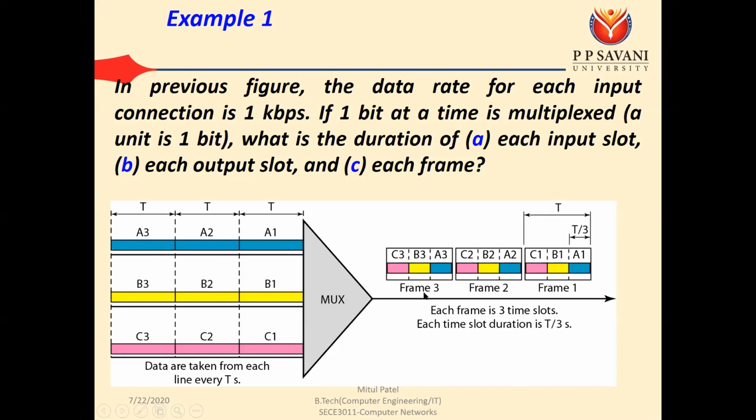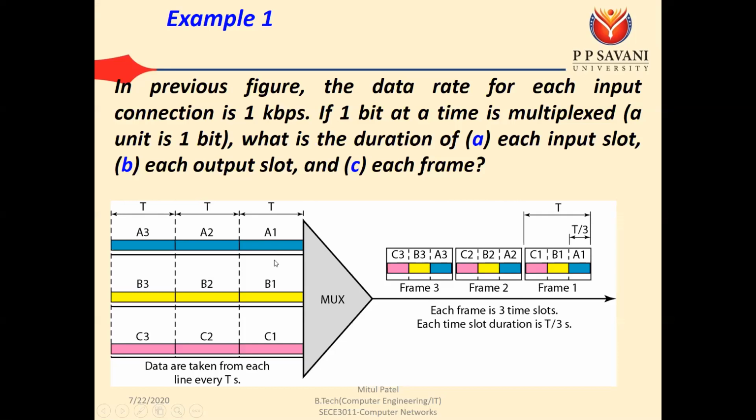But by applying this TDM, in 1 second now we can transfer 3 kbps, that means 3000 bits of data. Also we can apply it like this: our bit duration here is 1 millisecond. So given the bit duration, if you want to find out the data rate, then what can you do?